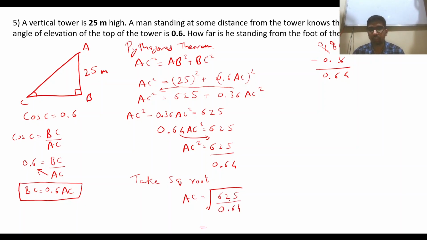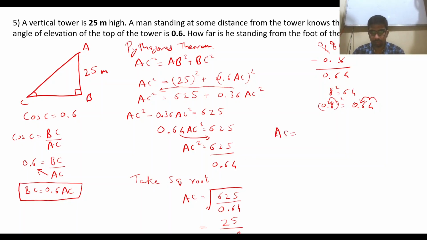Now we know root of 625 is 25, and this will be 0.8. How 0.8? 8 square is 64. 0.8 square kya ho jayega? 0.64 ho jayega. Decimal is one place from the left. So when you're squaring, decimal will go 2 places towards left. Getting it? This is the way.